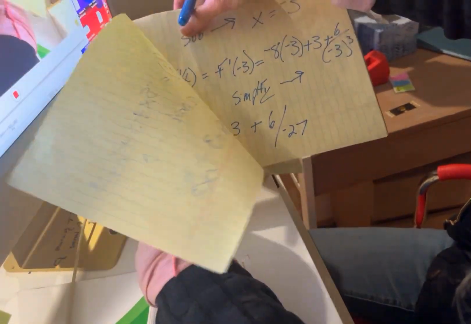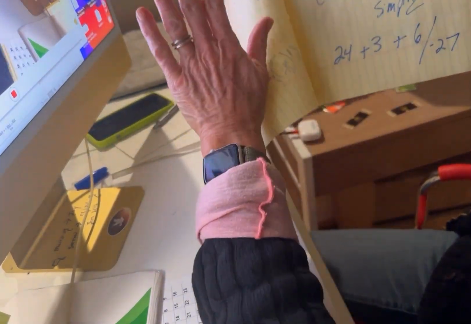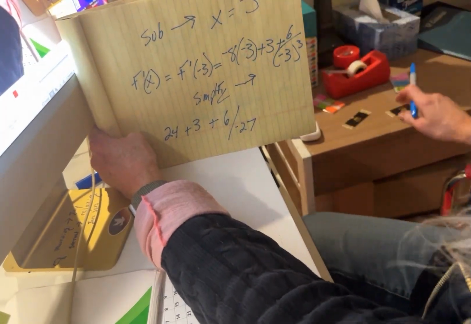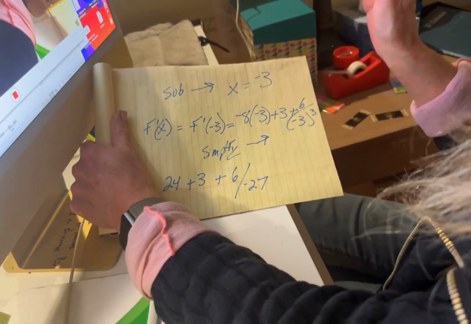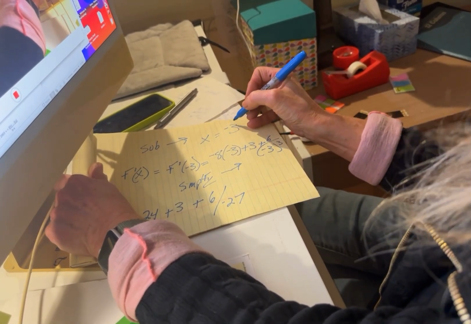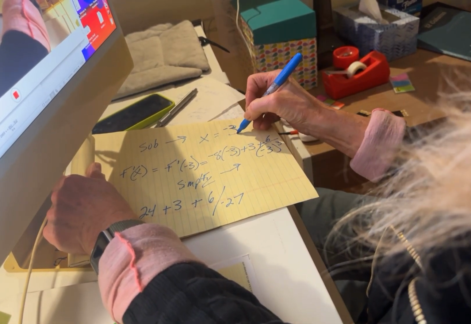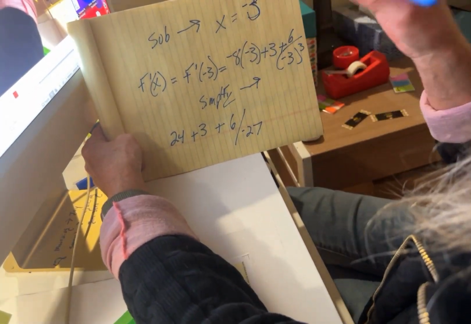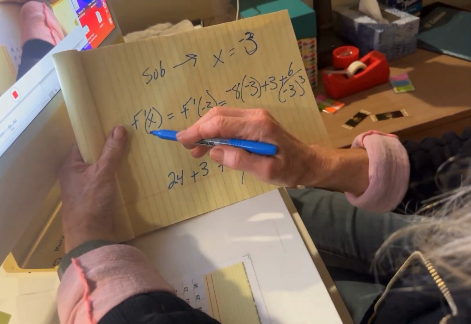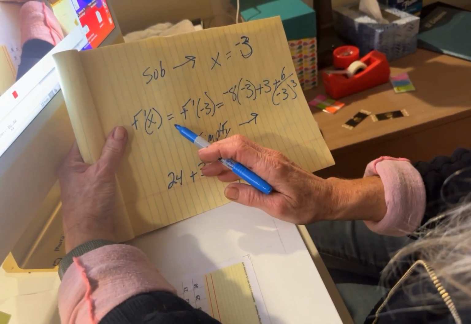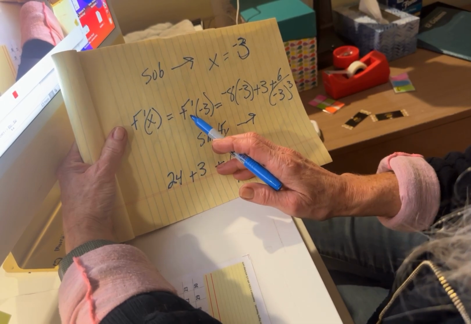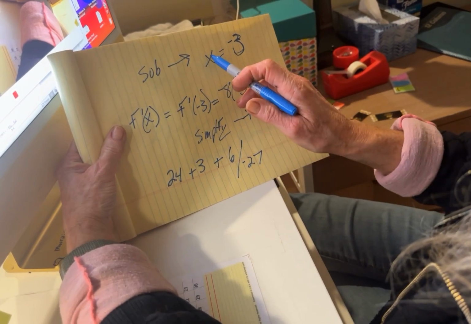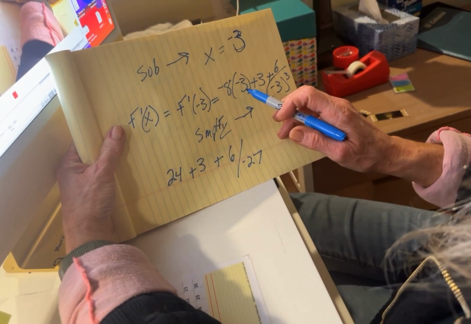Now, almost there. When we've gotten to that point, we can substitute the x now for the negative 3, because it asked us to do this. x equals negative 3. So here's our derivative, f prime of x equals, everywhere we had an x, we're substituting it for negative 3.